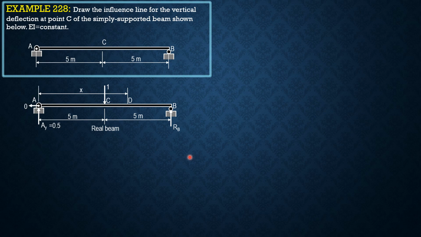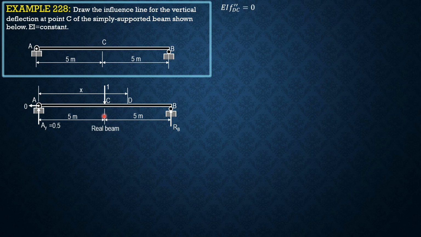By the double integration method, we section here. This is point D, the arbitrary point. So EI f_DC double prime is equal to 0.5 or 1/2 of x minus 1 times (x minus 5).